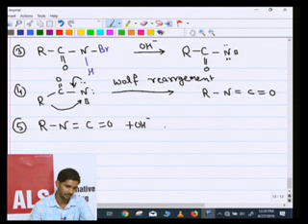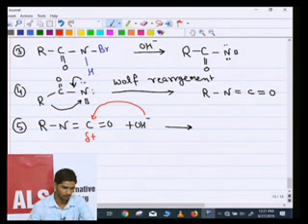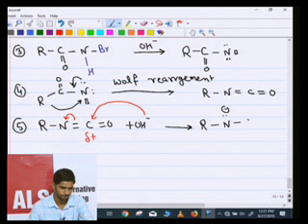If I use a base, obviously this is the electrophilic center. The base is going to attack over there, and this electron pair will shift over there, and it will look like this: R N C O OH.